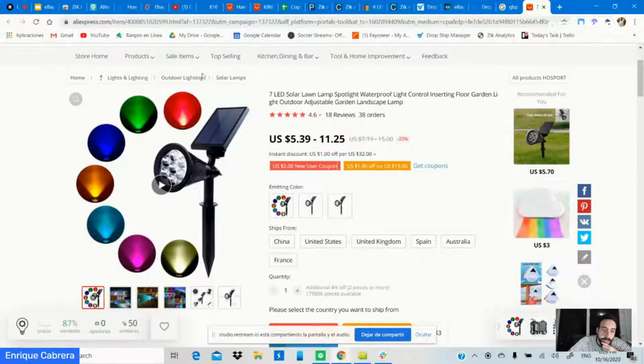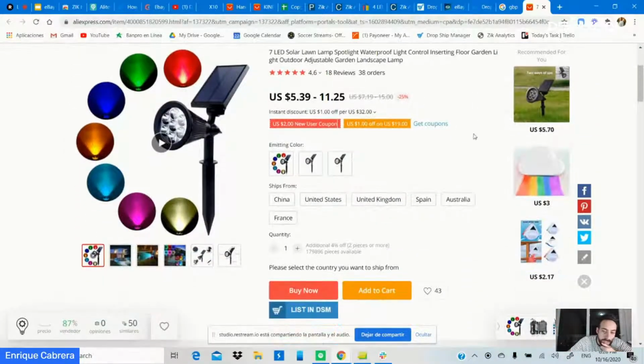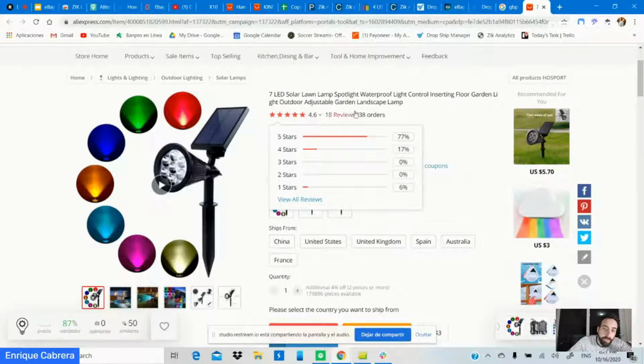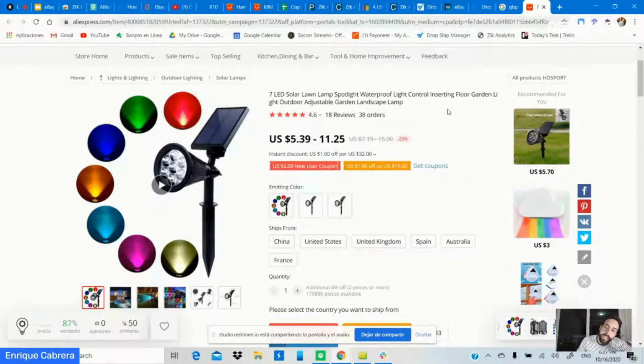Now that we have the supplier's page on AliExpress, you can see a couple of things. Number one, and this is important, always check the star rating, because the star rating correlates directly to the product. How good is this product? How good or bad a rating has this product overall?